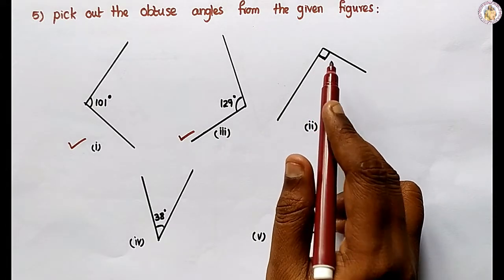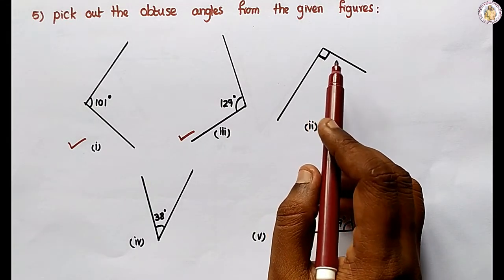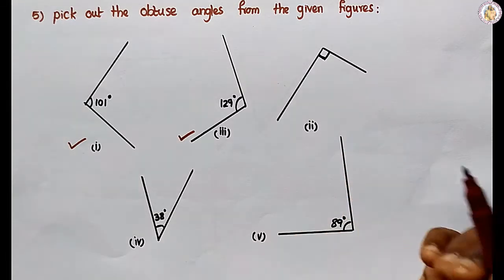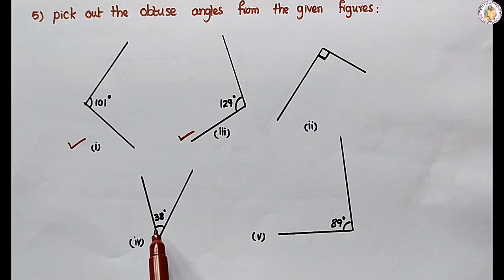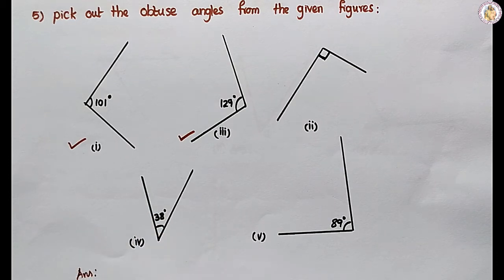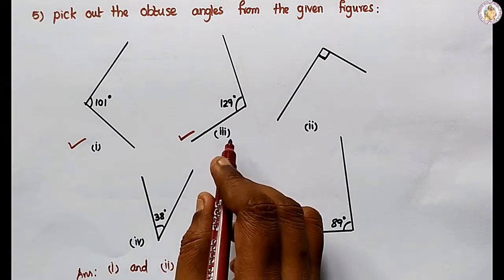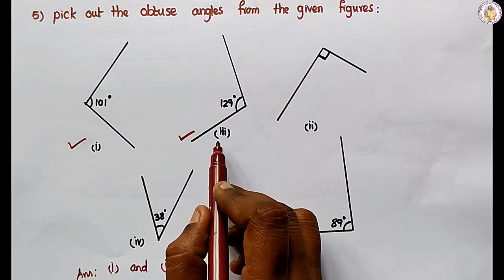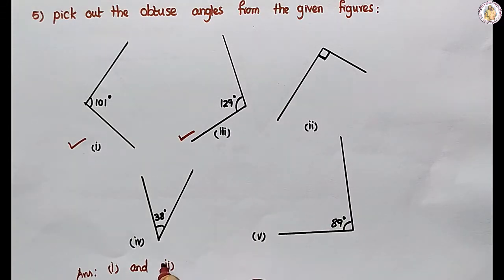And this symbol denotes that it is 90°, so that is right angle, so that is not. And then 38°, this is acute angle. And then 89, that is also less than 90. So answer is first and third. This one is third in your book. So third or the obtuse angle.